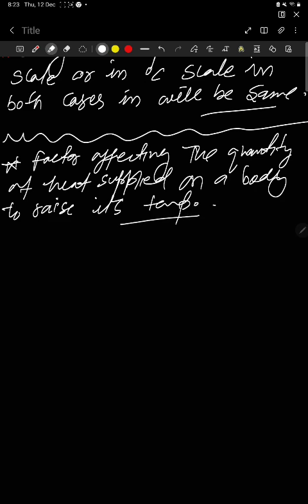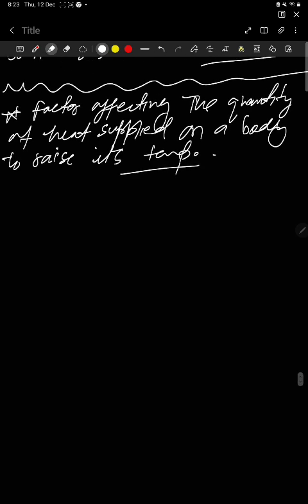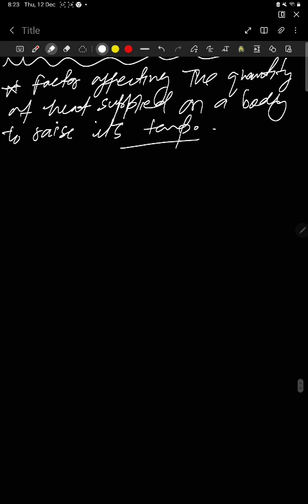Suppose I have to raise the temperature of any object, so we have to supply heat, and the heat absorbed by that body will depend on some factors.